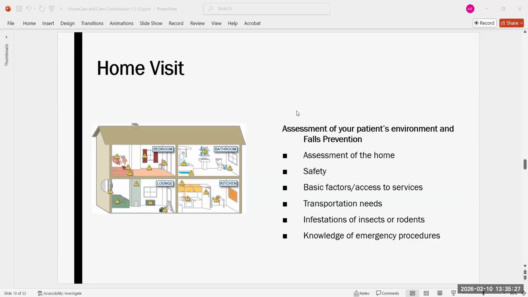And you could think about emergency procedures too, like do they have smoke detectors that are working? Do they have emergency care service numbers, so they know what to do if a fire were to break out?